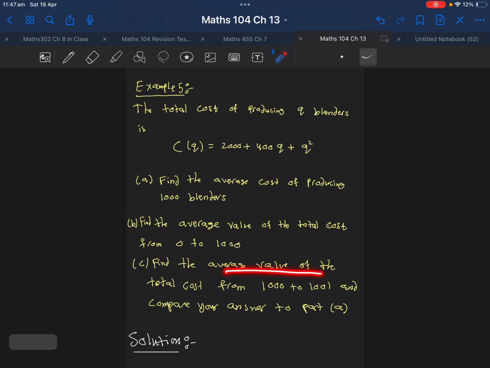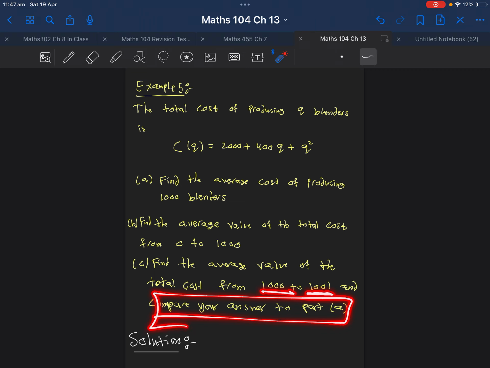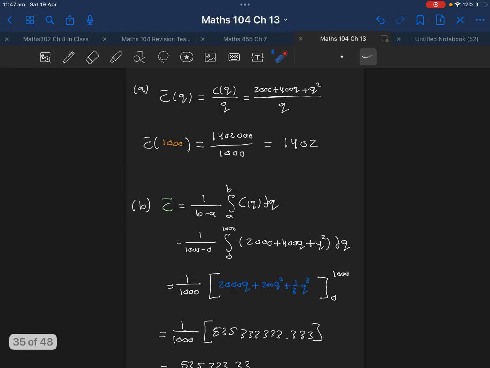Finally, part C: find the average value of the total cost from 1,000 to 1,001 and compare it to part A. So we have to do the same thing we just did, but this time we do it with 1,000 to 1,001.